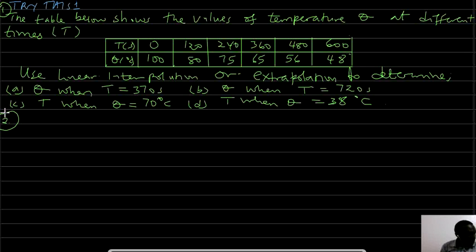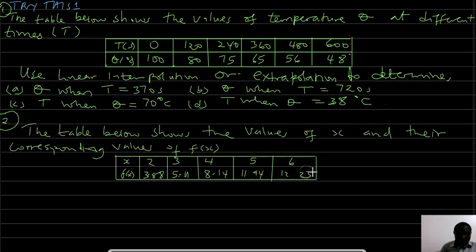The table below shows the values of x and their corresponding values of fx. So this is the table of values of x and their corresponding values of fx. This is 3.88, 5.11, 8.14, 11.94, 12.23.